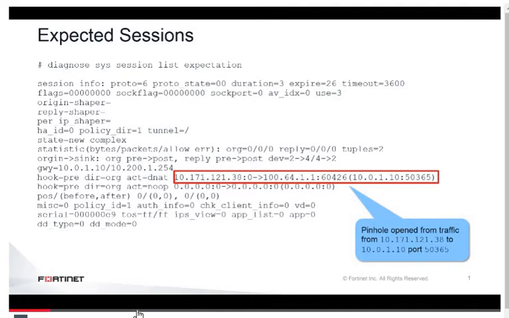There is a way to list the expected sessions created by the session helpers. In the example shown on this slide, the diagnose sys session list expectation command lists an expected session to allow traffic from 10.171.121.38 to 10.0.1.10, port TCP 50365.